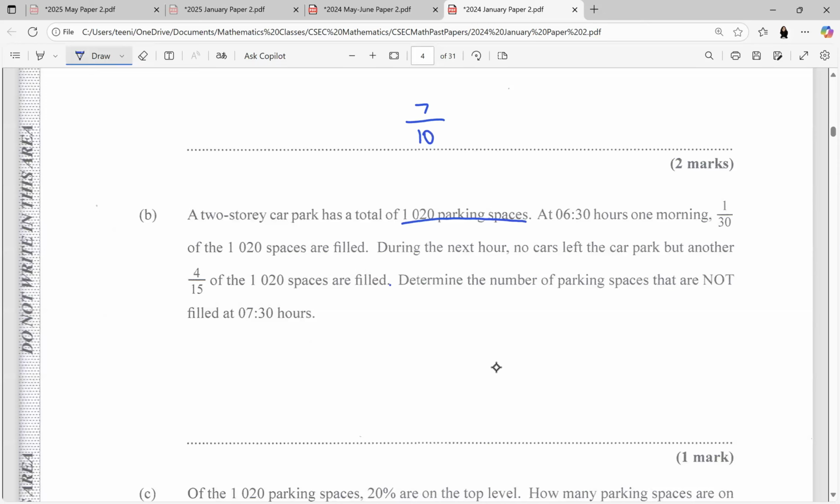At 630 hours, so that's 6:30 a.m., one morning, 1/30th of the 1,020 spaces are filled. During the next hour, no cars left, but another 4/15 of the 1,020 spaces are filled. Determine the number of parking spaces that are not filled at 730 hours.